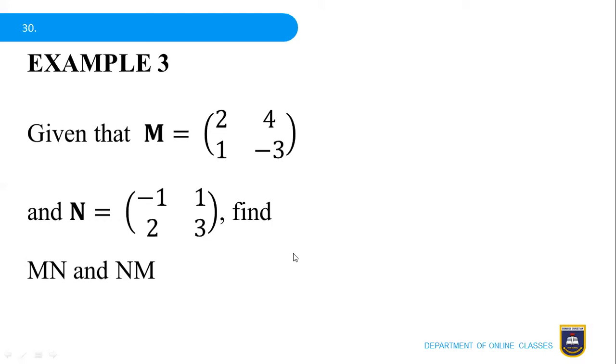Find MN and NM multiplication. So multiply your M by N and then your N by M. A lot of hands up. Let me see those hands. Okay, hold on, I'm coming. You have a few seconds to complete that, after which we shall all look at the suggested solution here.